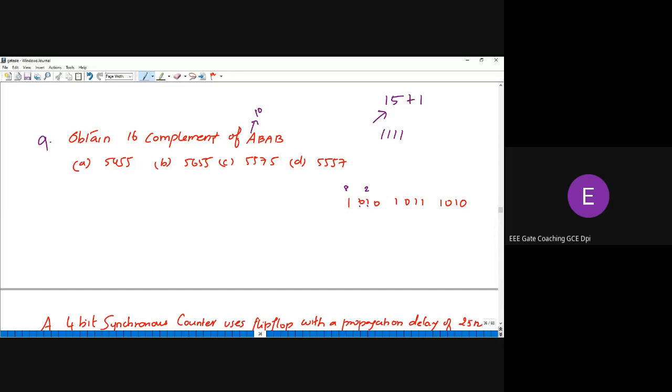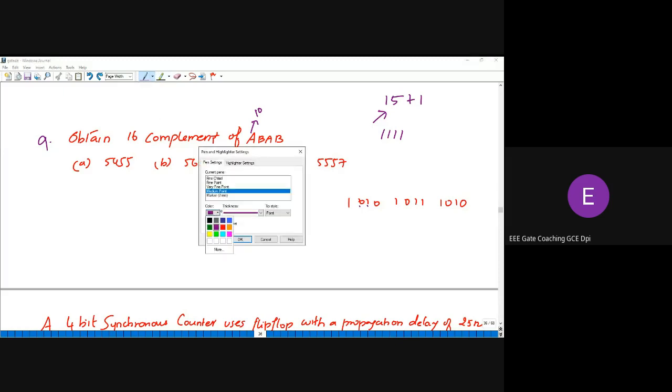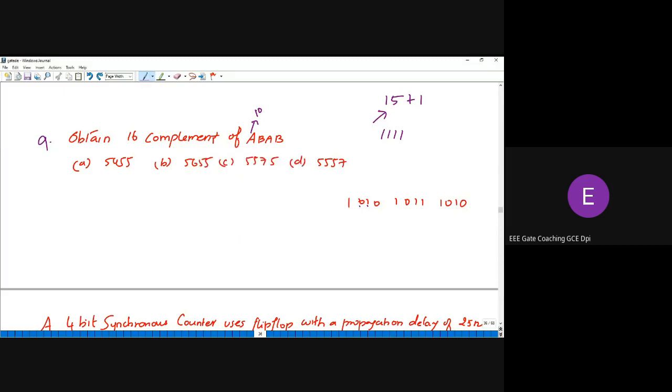This is 10 and B is 11, 8 plus 2 plus 1. And this is 1, 0, 1, 1.